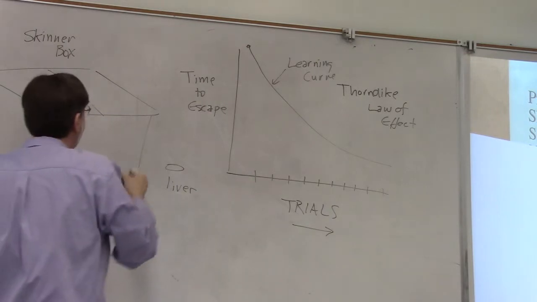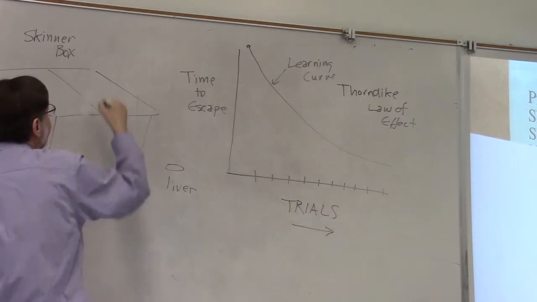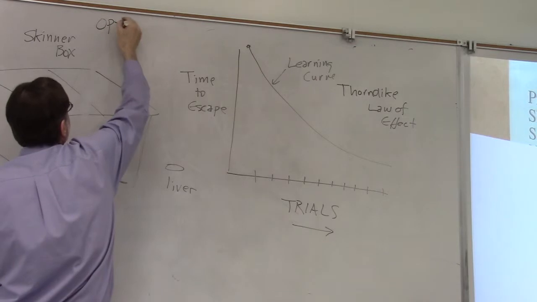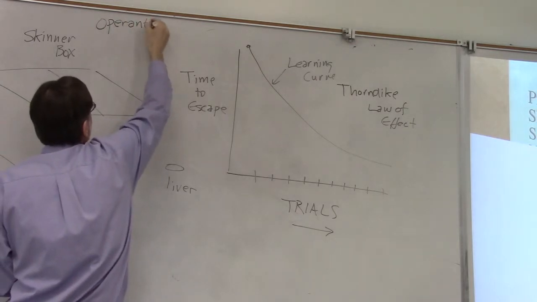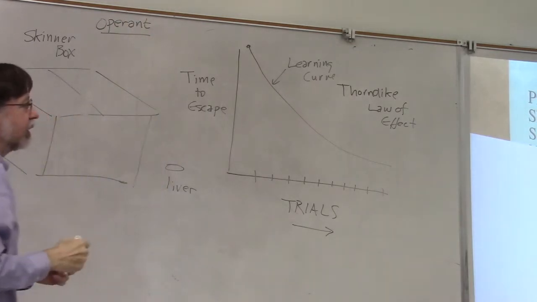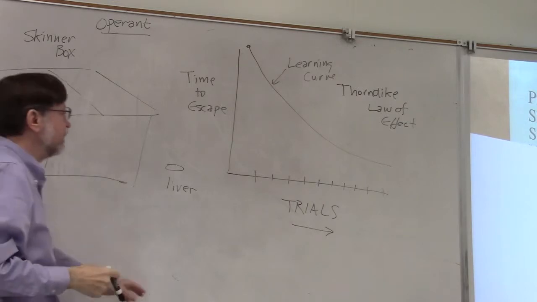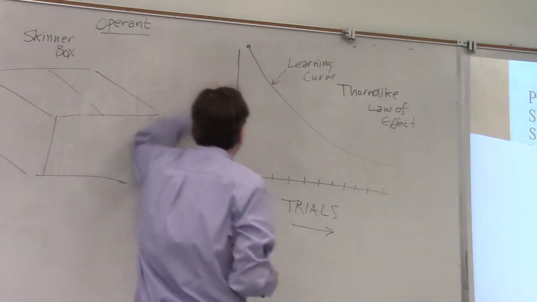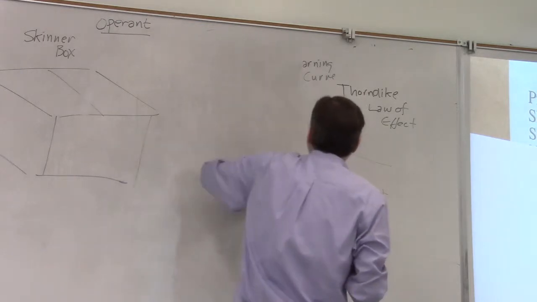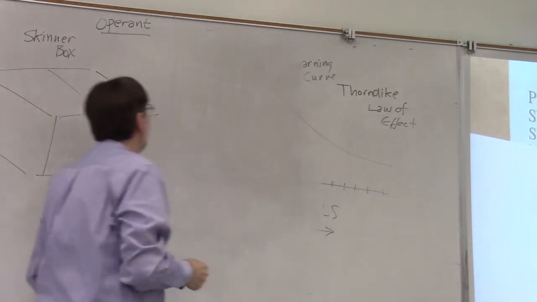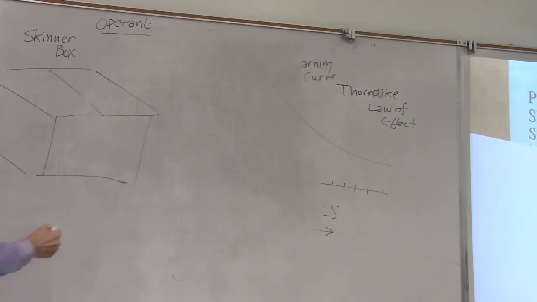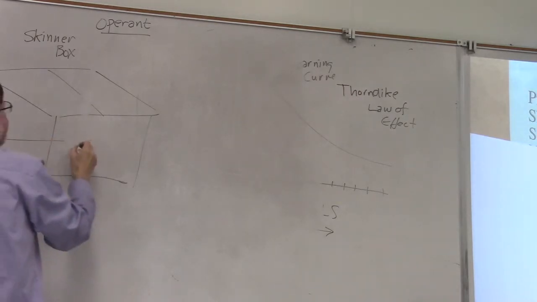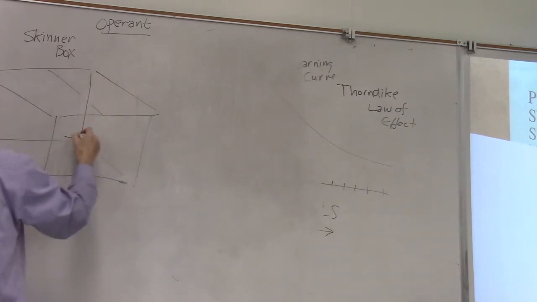And Skinner's version of this psychology is called operant psychology. So Thorndike would have used the term instrumental conditioning as opposed to operant.